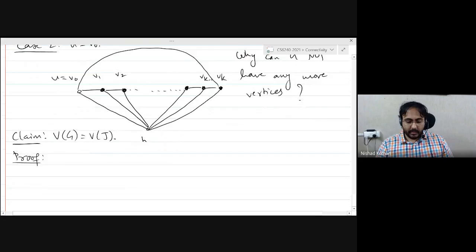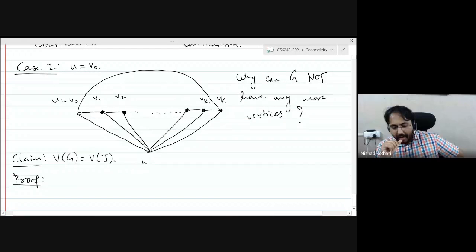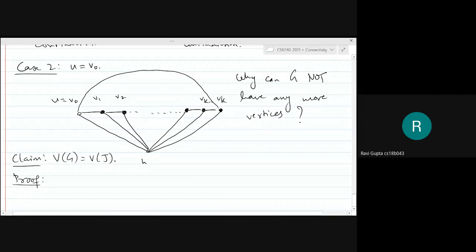Why can't there be a vertex somewhere out there? So let's say there's a vertex X that is outside of this, and we know that it must have three disjoint paths with vi, where vi is one of the cubic vertices.